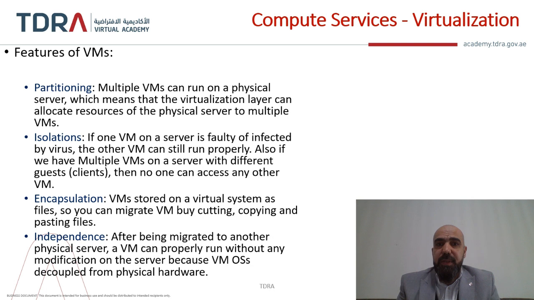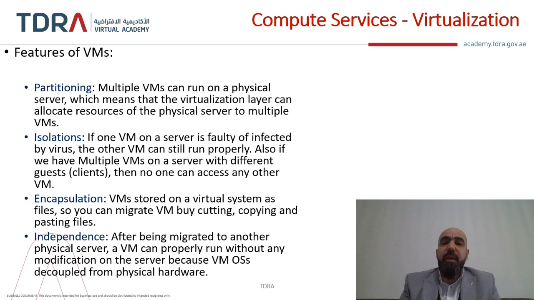But here, what is the concept? Imagine that your physical server runs only an operating system like Windows Server, and you have all these features: Active Directory, domain controller, DNS server, whatever. Imagine that this server is infected by a virus, worms, or malicious software, malware.